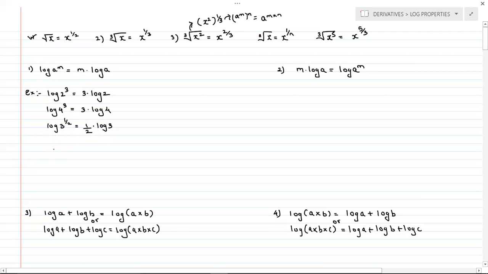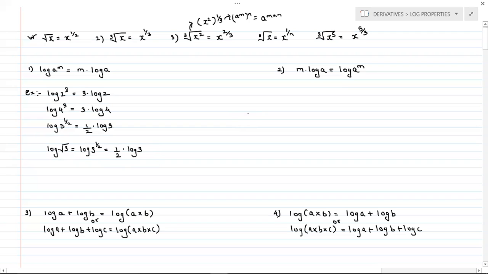Suppose I say log root 3. Here can I write this log root 3 as log 3 raised to 1 by 2? So using the property log a raised to m, we know that this 1 upon 2 will come down, and this will be 1 by 2 into log 3. Okay, so this is property number 1.